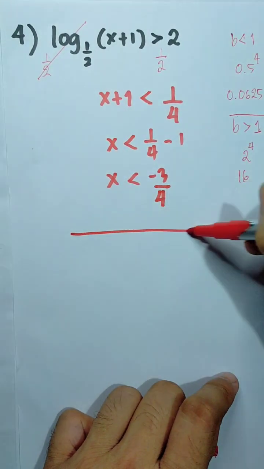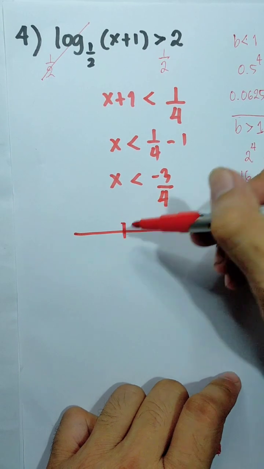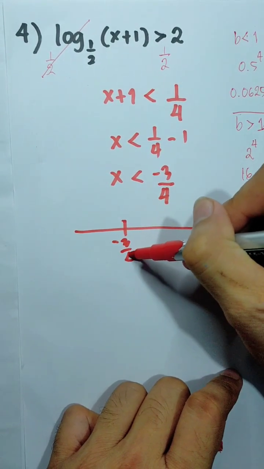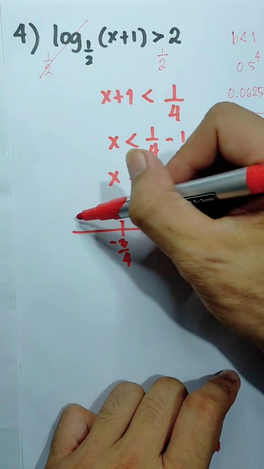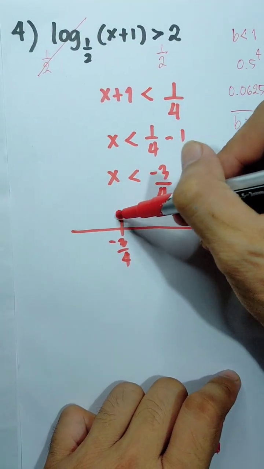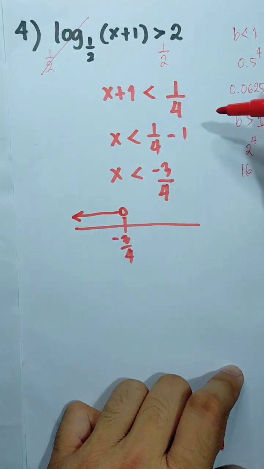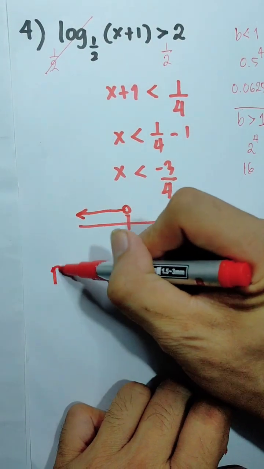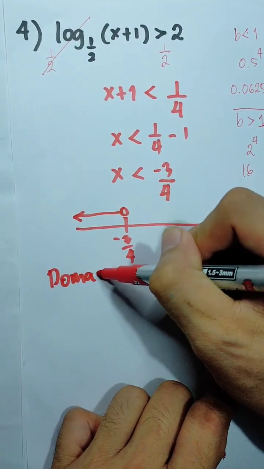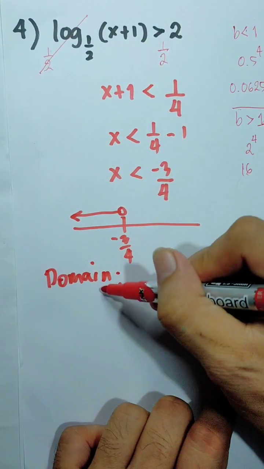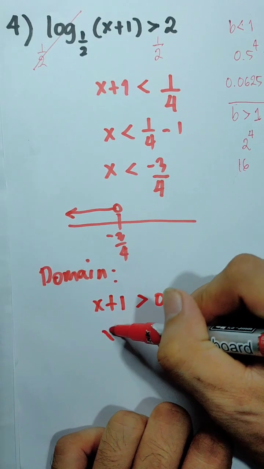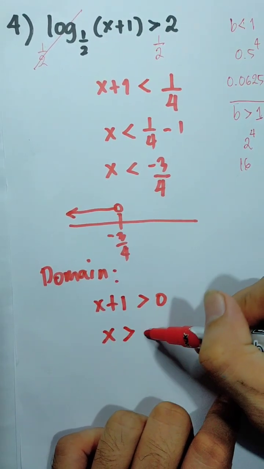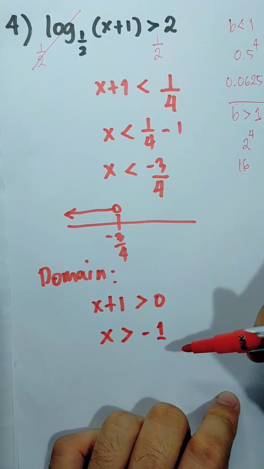So if you plot the interval, there's -3/4 here, so our x is less than -3/4, so that's on the left side, and it's open over there. And for our domain, x plus 1 should be greater than 0, so x should be greater than -1.